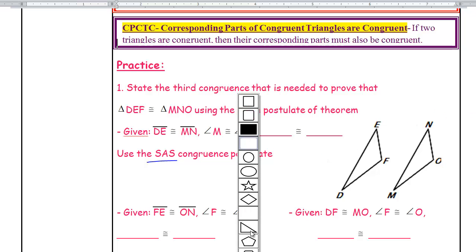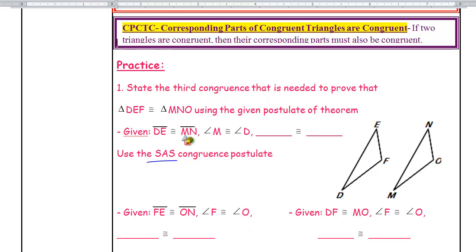So I'm going to go ahead and take a little triangle tool. These are not necessarily right triangles. And actually, I'm sorry, they've got these over here, so that does help. DEF, MNO. Perfect. So we'll say DE is congruent to MN. Angle M is congruent to angle D.